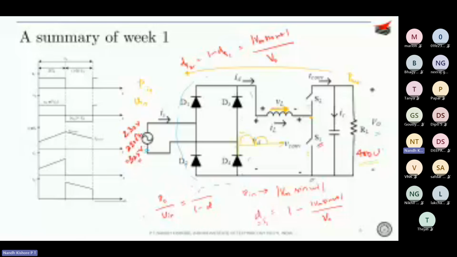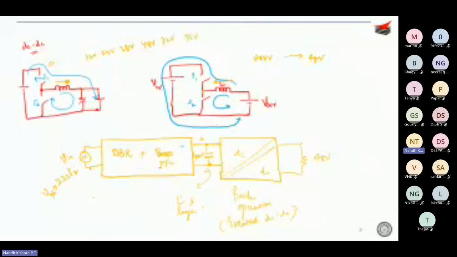You wouldn't get a flat 400 volt practically, but you want the ripple part to be as small as possible. Let's say this is 400 volts, I would have something like this. If you don't put a large value of capacitor, you would have a large 2 omega ripple, and that's something you don't want. So the value for C is large to filter 2 omega. 2 omega is your 100 hertz ripple that is coming from your grid side.